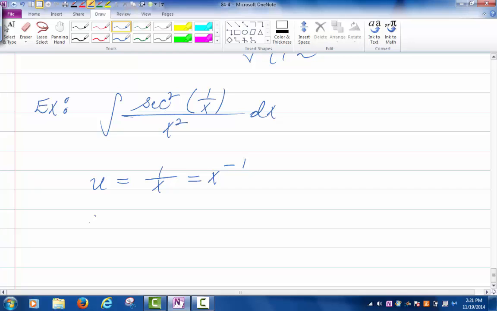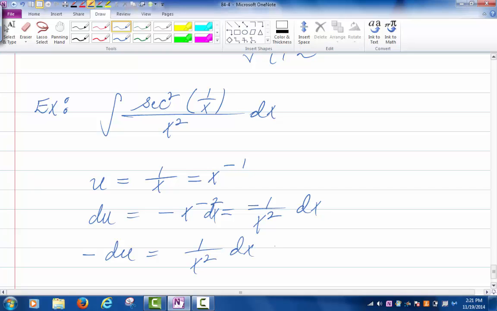So when you take the differential of u, you get negative x to the negative 2, which is negative 1 over x squared dx. I forgot the dx here. So what we get then is that negative du is equal to 1 over x squared dx, right? We are multiplying both sides by negative 1. So that's what we get.